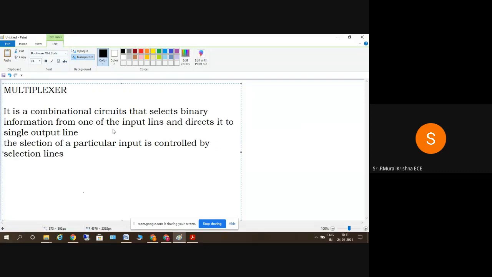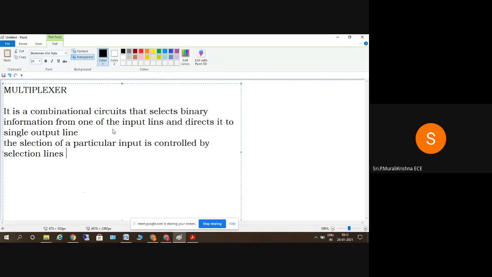This is the normal definition we give. Generally, it is a combinational circuit, so we'll have multiple inputs, and we have to select one among those inputs and give that input as output. Selecting these inputs is done with the help of the selection lines, and those selection lines will select one among the multiple inputs, and that input will be directed towards the output line.